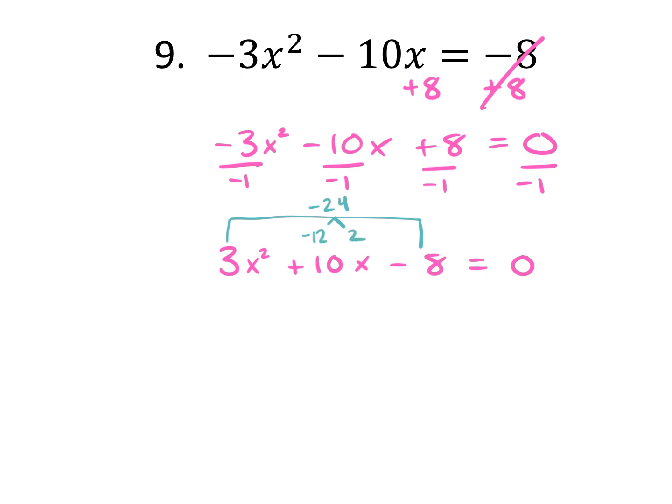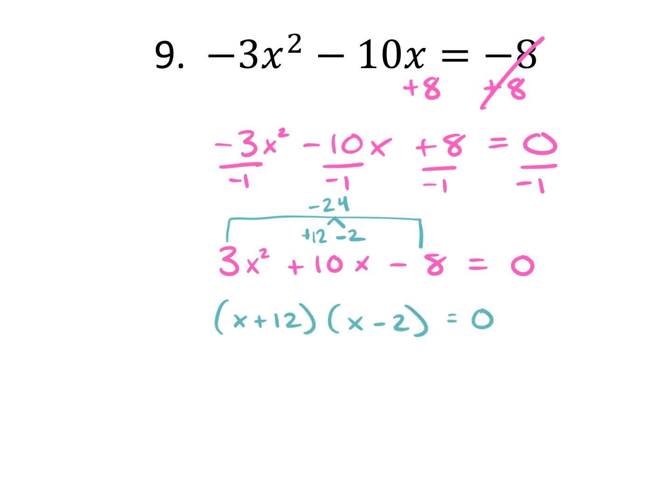Be careful here. A lot of people will say negative 4, negative 6, but negative 4 times negative 6 doesn't multiply to negative 24. It should be positive 12 and negative 2, because that'll be 10. So here we have x plus 12 and x minus 2.